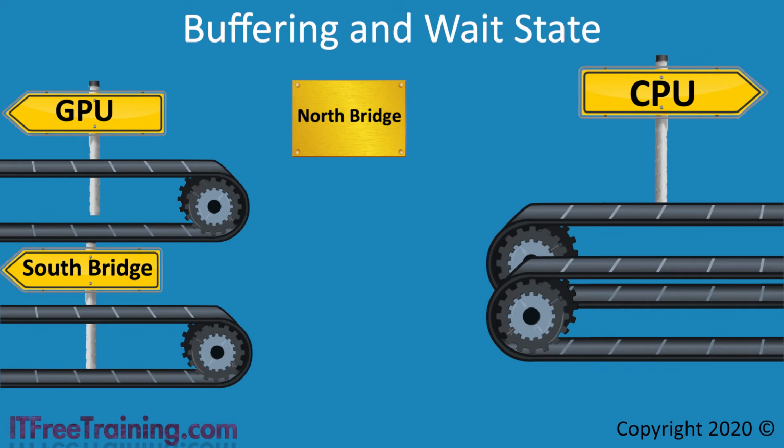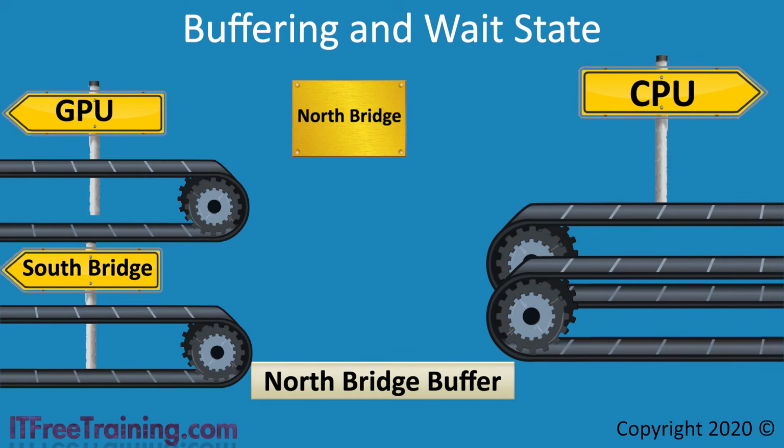Since the GPU, or Graphics Processing Unit, requires a lot of data, it is not uncommon for it to be directly connected to the North Bridge or the CPU itself. As the CPU is the fastest component in any computer system, it will be sending data to the North Bridge quite fast. The buses to other components will be slower than the CPU, and therefore, in order to match the speeds, a buffer is used.